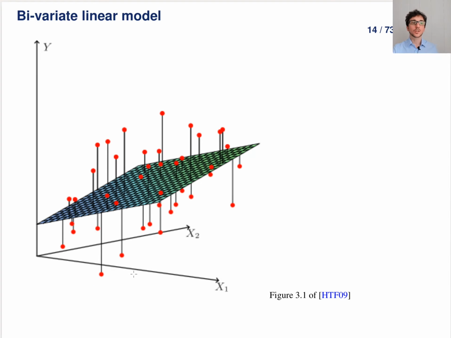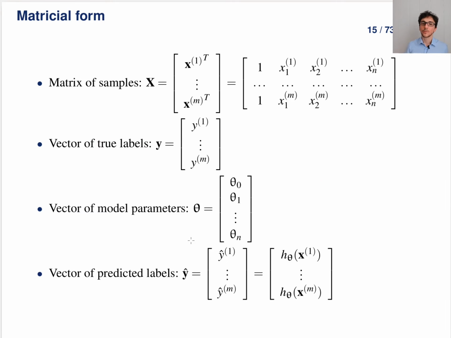If we are in 2 dimensions, we talk about a bivariate linear model, and our equation h actually gives us a plane. Okay, if we are in more than 2 dimensions, our linear model gives us hyperplanes in general. So before we go on, let's spend 1 minute on the notation.